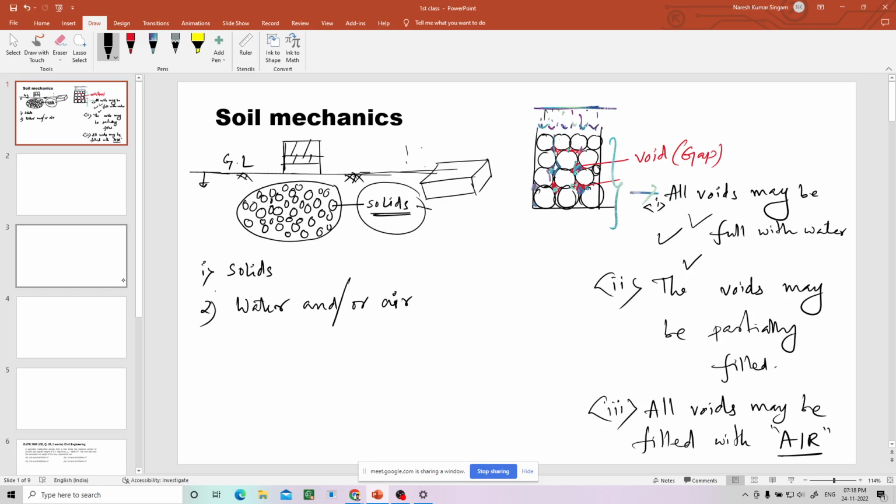There will be solids and water and air, or only water, or only air, and these two will be in the voids. Now by using this concept, we can make a diagram which we call the three-phase diagram.